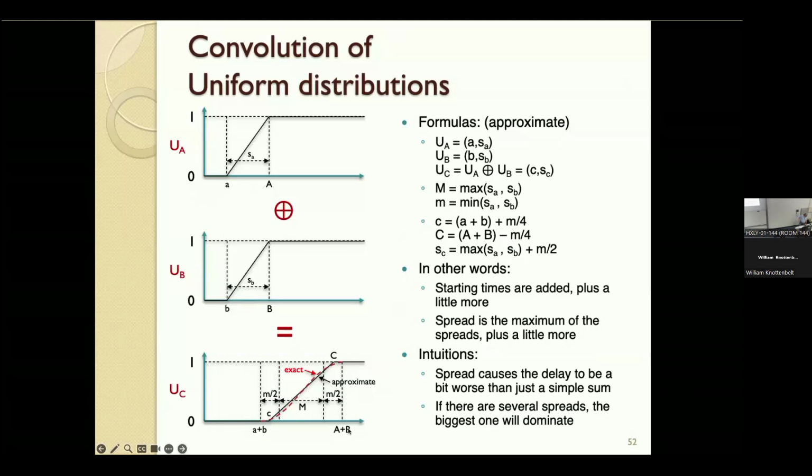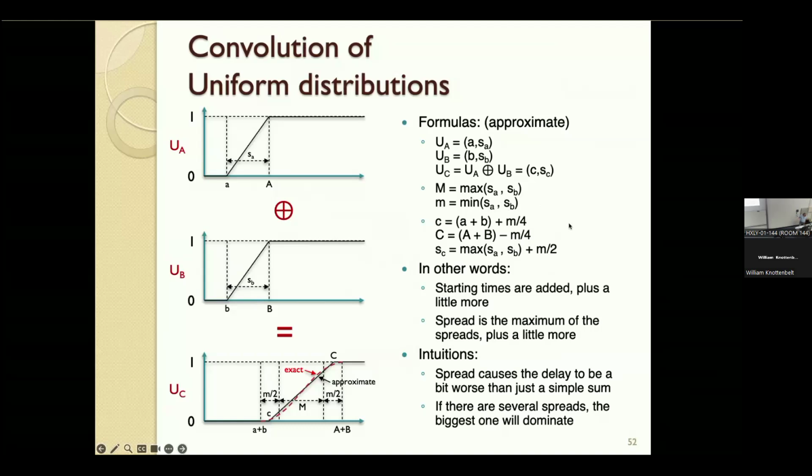And we can see the maximum value, big C, is actually big A plus big B, but a little bit less. And the spread is actually the maximum of the two, but a little bit wider. So the little m here is the minimum of the two spreads, okay?